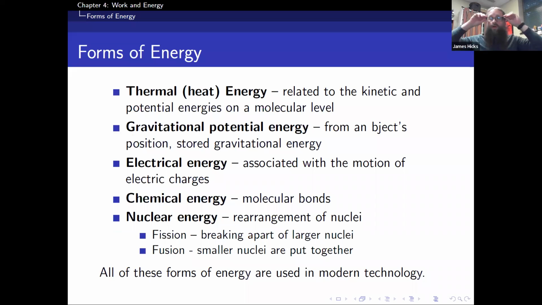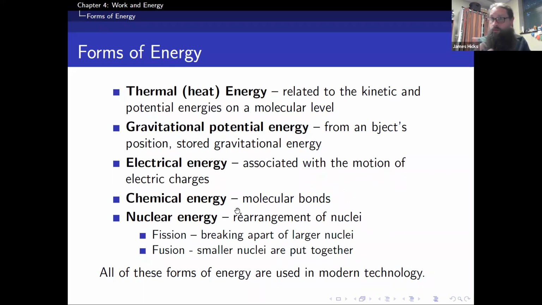So a couple different forms of energy that are useful for humans and society. Thermal energy, so heat energy. That's kinetic energy, but on a molecular scale. Electrical energy is the energy associated with moving charges, and that's going to involve another fundamental quantity, charge.